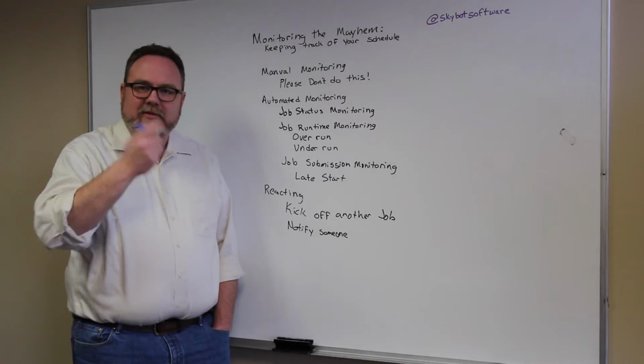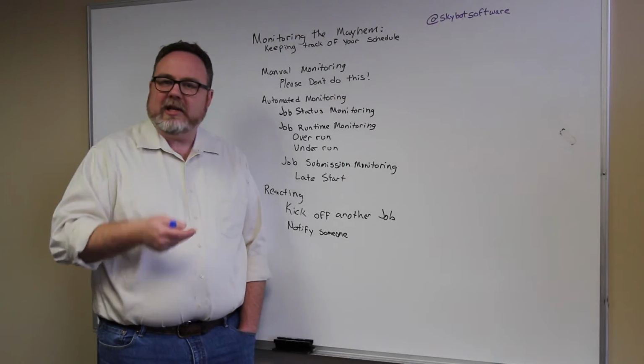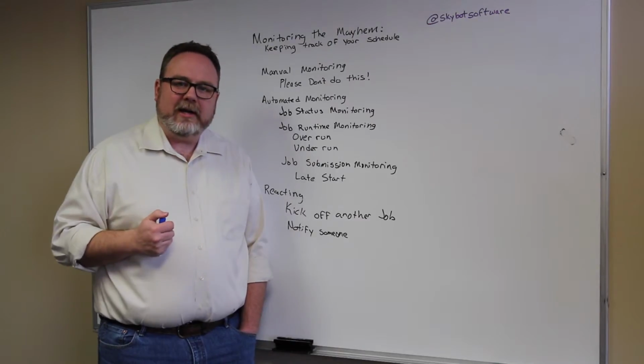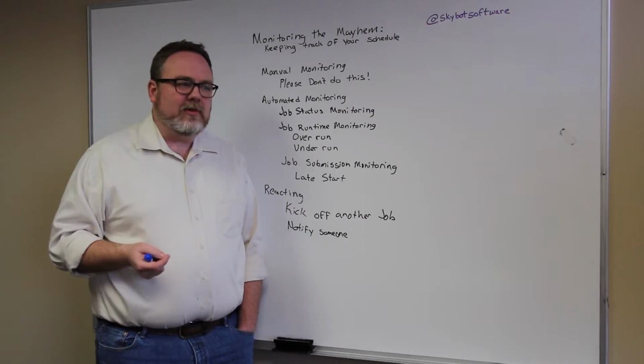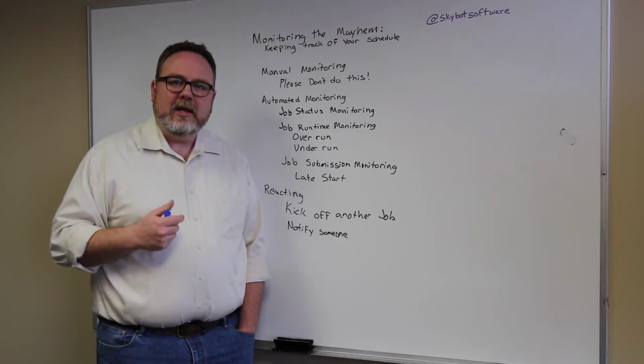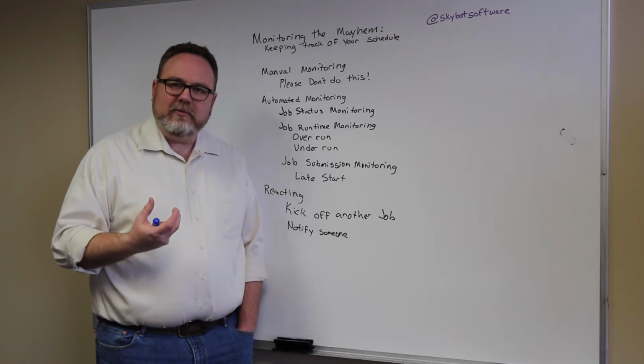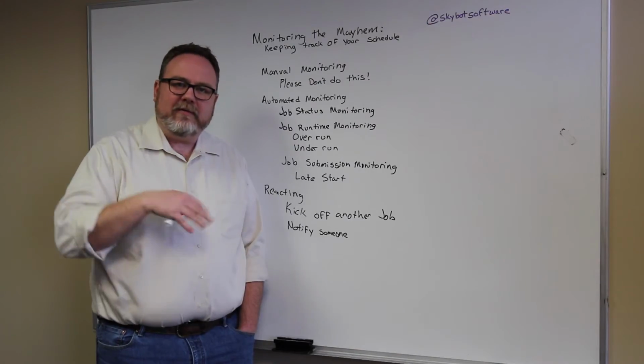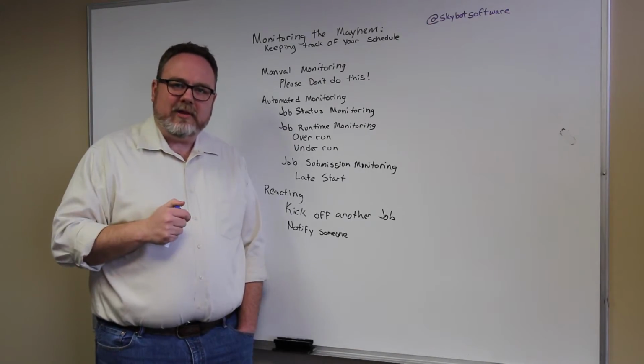The second one is, of course, a subset of that: notify someone. Now, most job schedulers will come with an email notifier. More and more, we're seeing nice push notifications up into the cloud, so that your cell phone has a little app and will get a notification right away as soon as something fails.